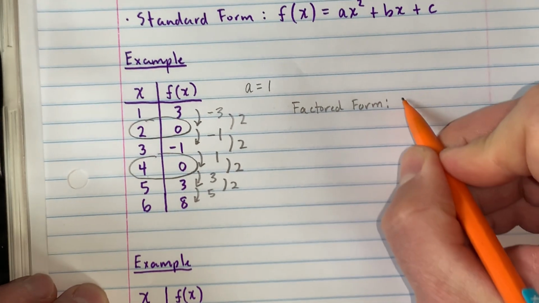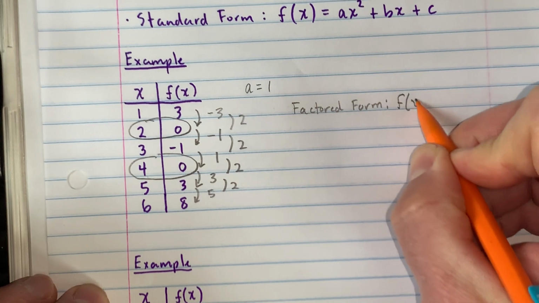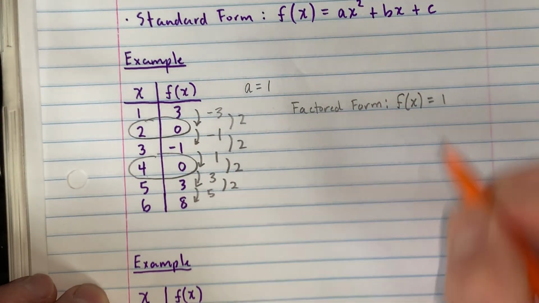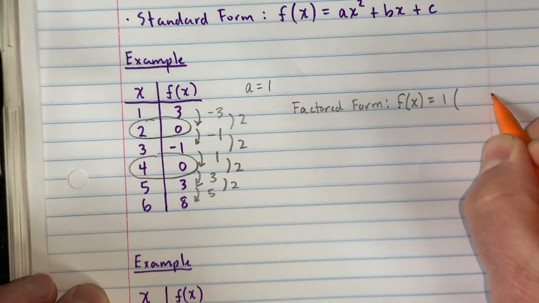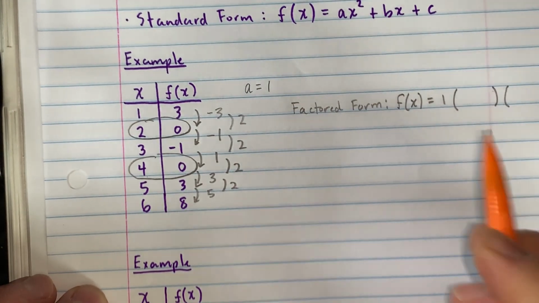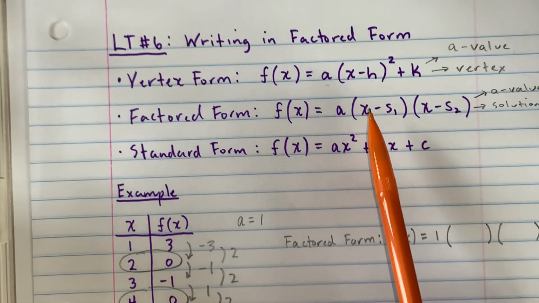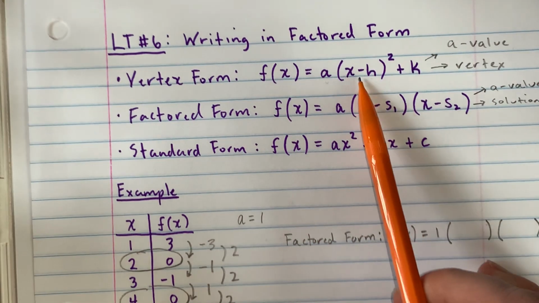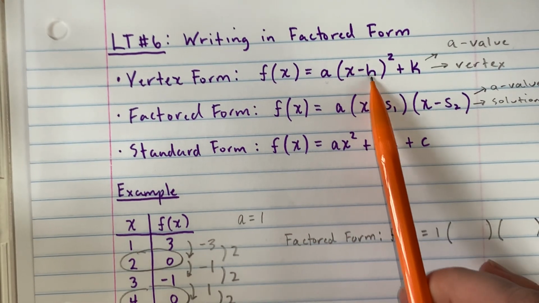All right, so now we have the information we need to write this in factored form. So a value 1. And now we're going to write our two solutions here. If you remember up here, this is x minus and x minus. So remember that this would mean it's the opposite of whatever that number is.